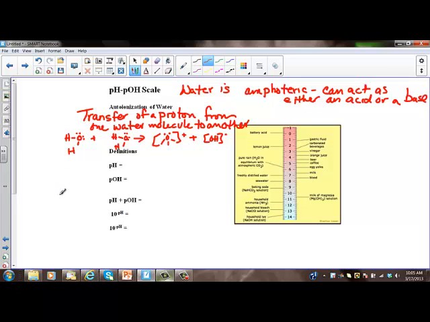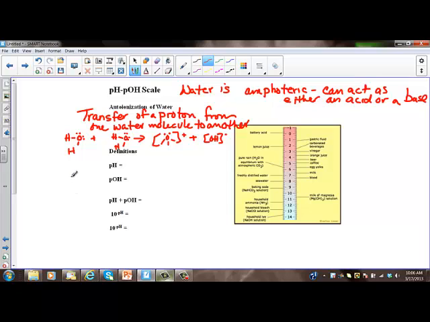And this can also happen with NH3, where you have NH3 plus NH3 yields NH4 plus and NH2 minus.